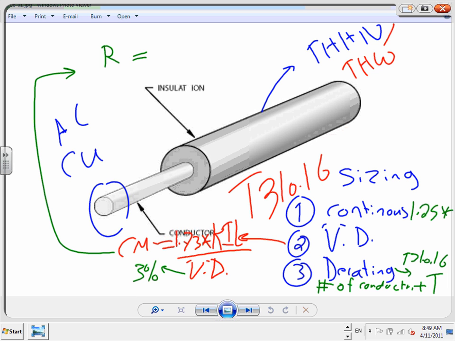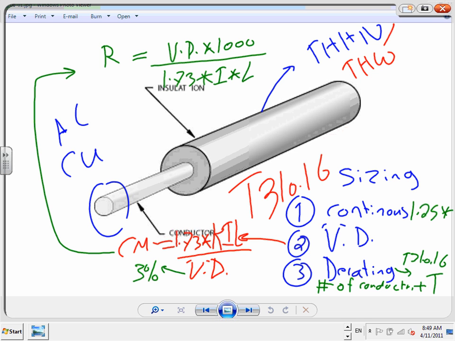I'm just trying to flip it in my mind here. I'll write it for you. Voltage drop equals that, so that will be voltage drop times 1,000, divided by 1.73 times R, I, L, so this is I and this is L.